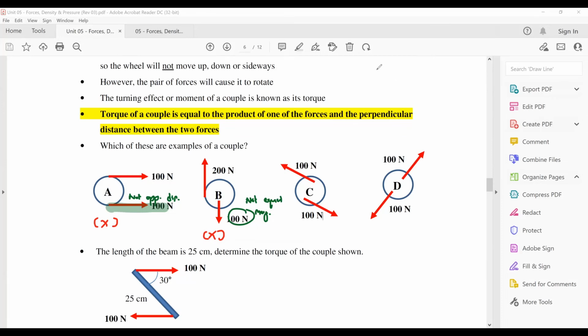Now how about for C? See, this one is a couple. Equal magnitude, opposite direction, and there's a distance separating them, which is this one. This one is good. How about for D? D is something that I actually just now mentioned already. It's not going to be a couple.